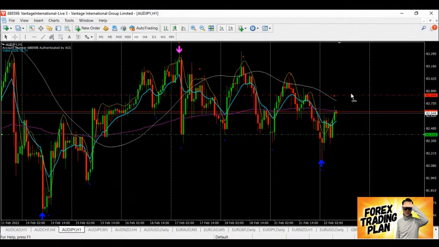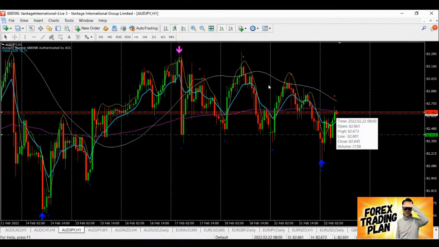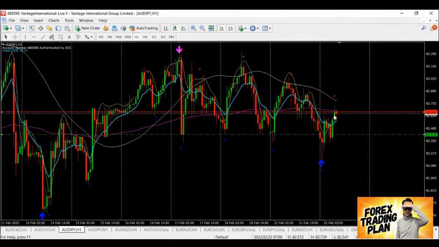Alternatively, if it retraces after a few hours and comes back to test the new resistance, and in the next few hours it tests this previous resistance and is not breaking, then it will have a chance to sell.